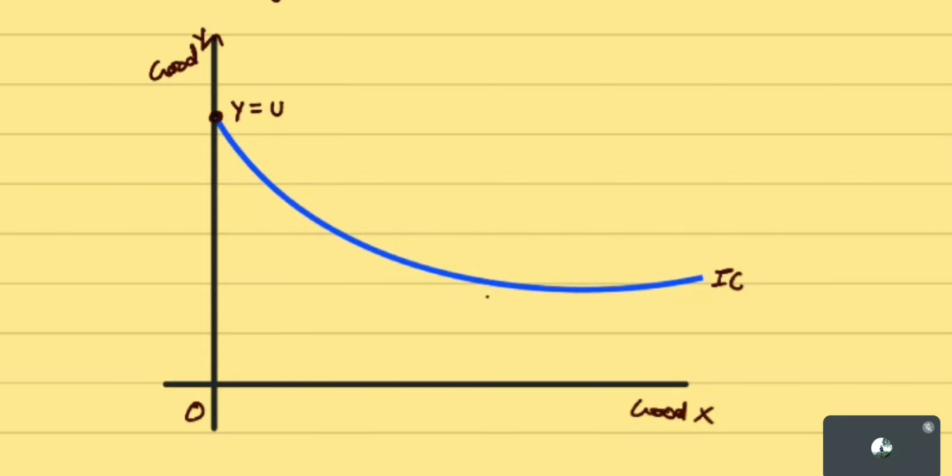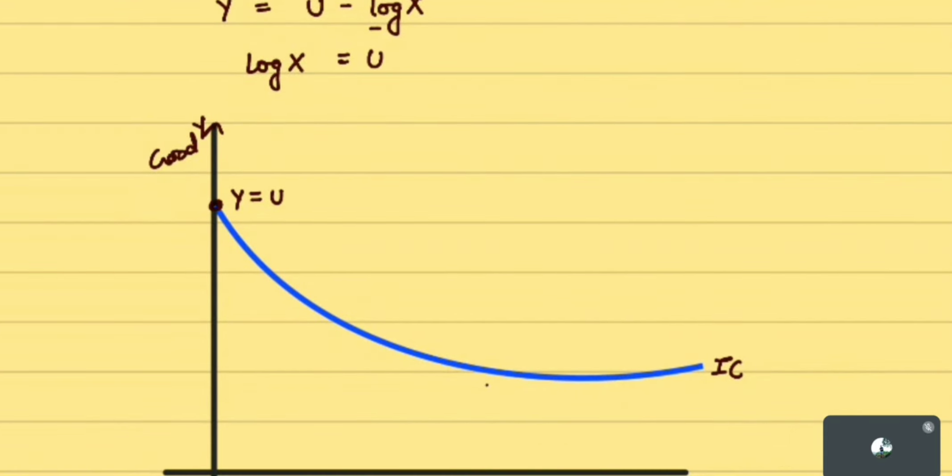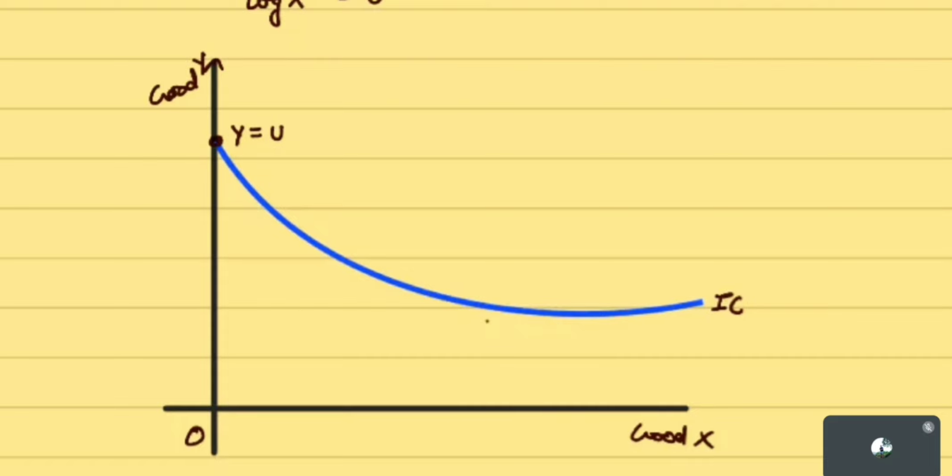So when the goods are substitutes of each other, you'll have a different type of indifference curve, or a different MRS, that is a different level of sacrifice. And similarly, when you have normal goods, you have a different MRS and it is diminishing. So in short, the shape of the indifference curve depends on your MRS, okay? And your MRS depends on the nature of goods and services that you consume, okay? So it is different for different types of goods and different types of utility functions.